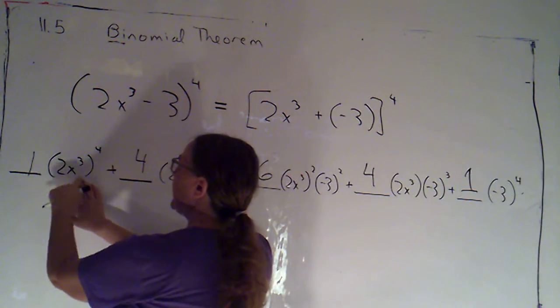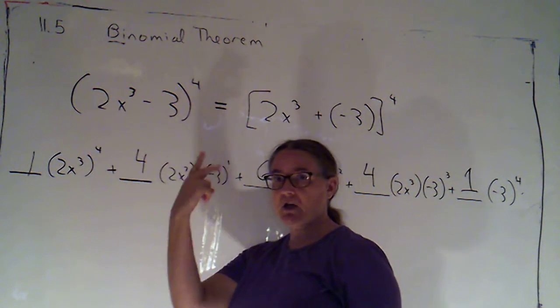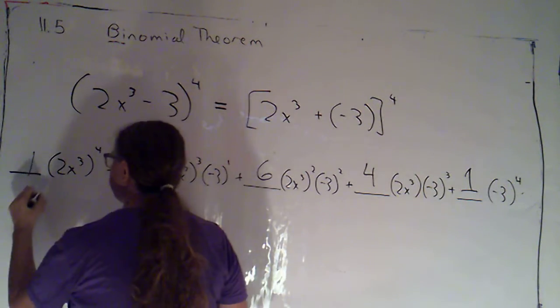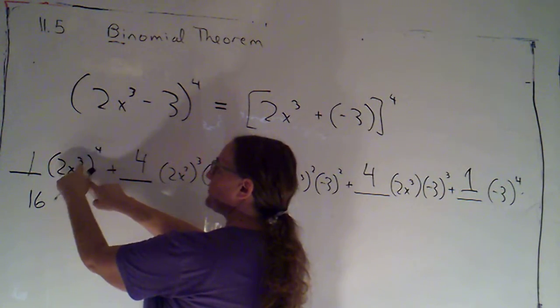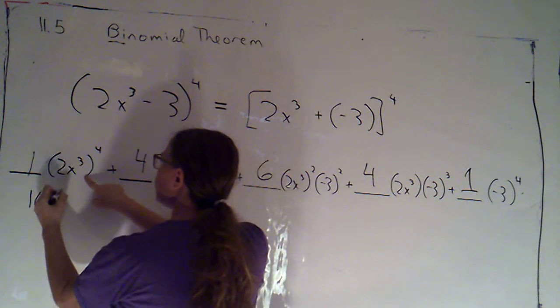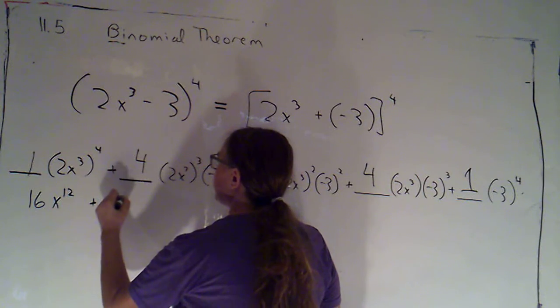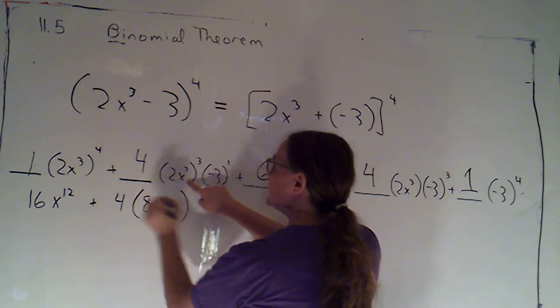All right, for 2x cubed to the fourth, that fourth power applies to the 2. 2 times 2 is 4, times 2 is 8, times 2 is 16. And then x cubed to the fourth, 3 times 4 would be 12, so that's x to the 12th. Plus 4 times 2 cubed is 8.